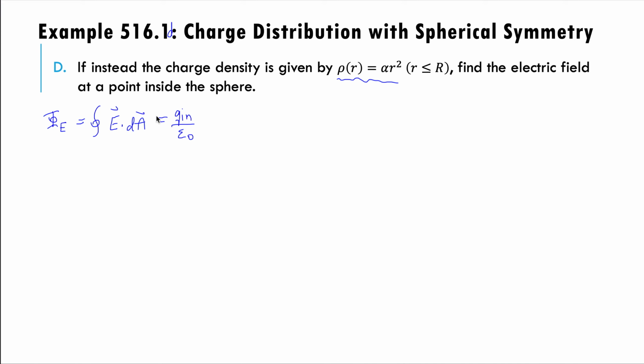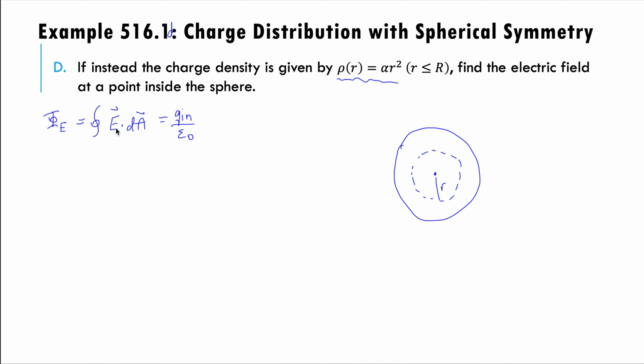So what's going to be the difference here? Well, we have a sphere and we want to find the field inside it. So we're going to draw a spherical Gaussian surface with a radius r again. And the only difference is that the charge is not distributed uniformly.